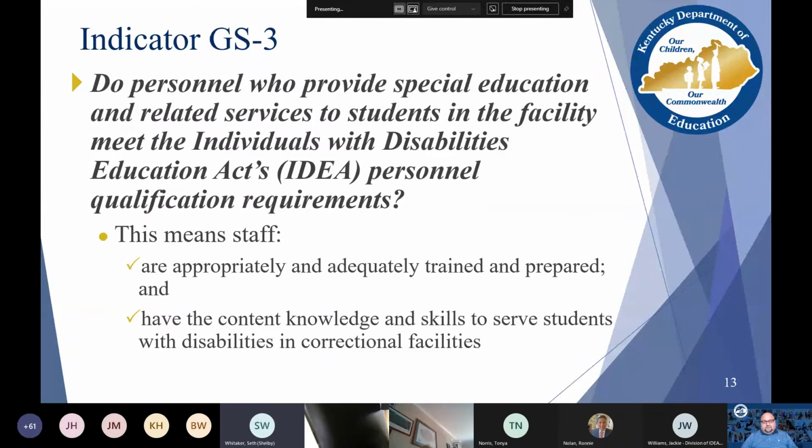So indicator 3, GS3: do personnel who provide special education and related services to students in the facility meet the IDEA's personnel qualification requirements? That means that staff are appropriately and adequately trained and prepared. Are you certified? And yes, we do go check to see if you're appropriately certified. So it is the responsibility.